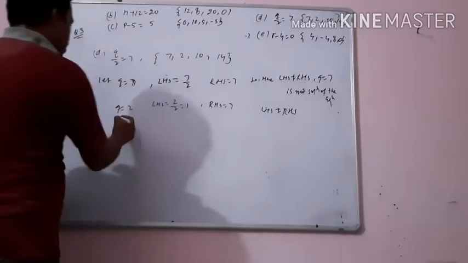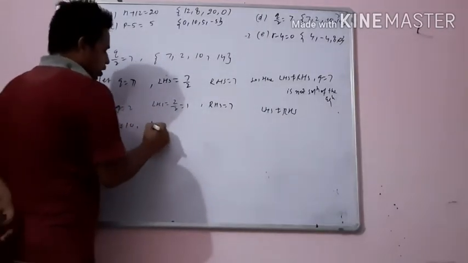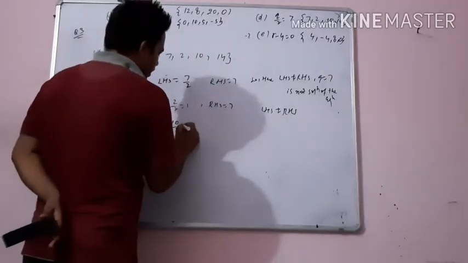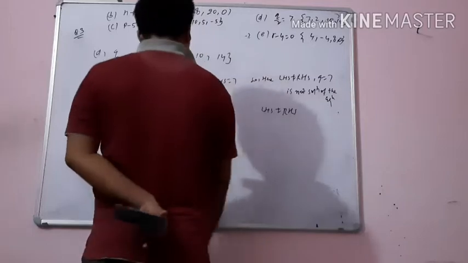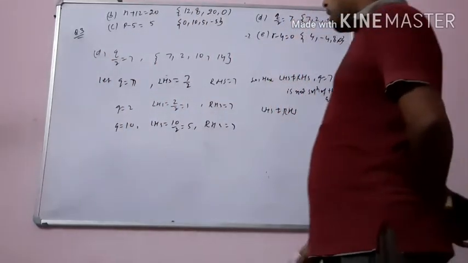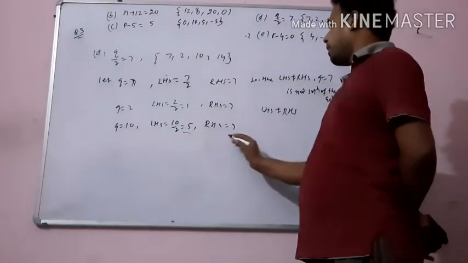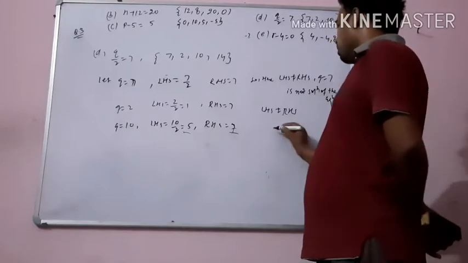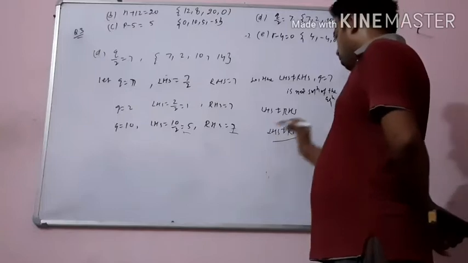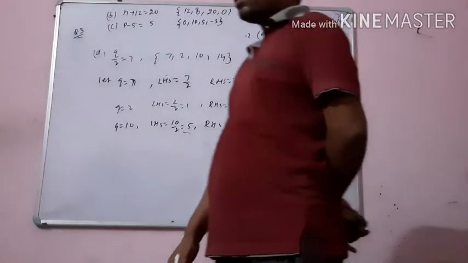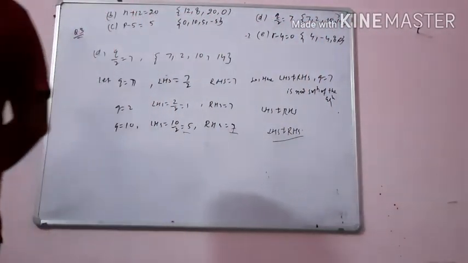Now taking q equals 10, LHS will be 10 upon 2 equals 5 and RHS is 7. So again LHS value is 5 and RHS value is 7, so LHS not equals to RHS. Again q equals 10 is not a solution of the equation.